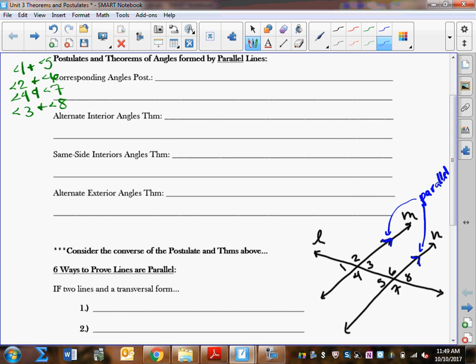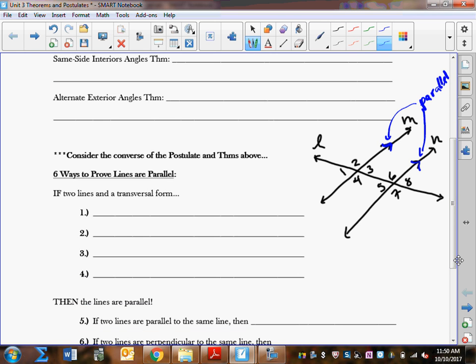Other notation you'll see for this is that I could say M is parallel to N. This notation here also means parallel, which I like because in the word parallel are 2 L's that make that notation. That's pretty cool. Look, 2 next to each other.